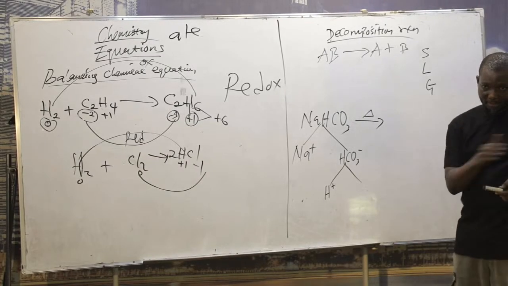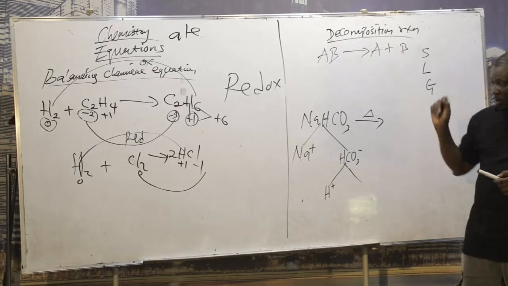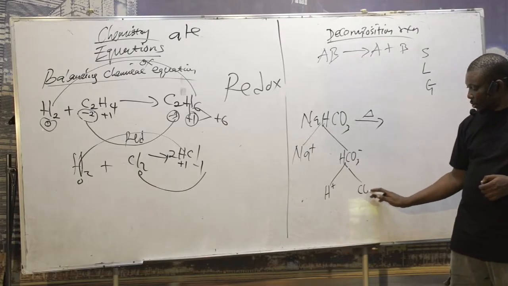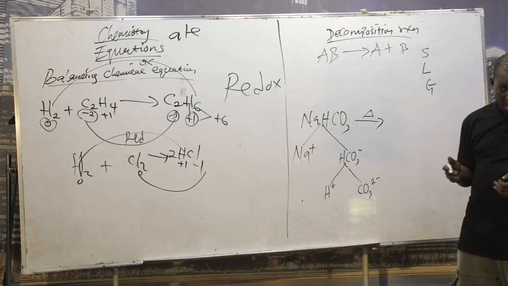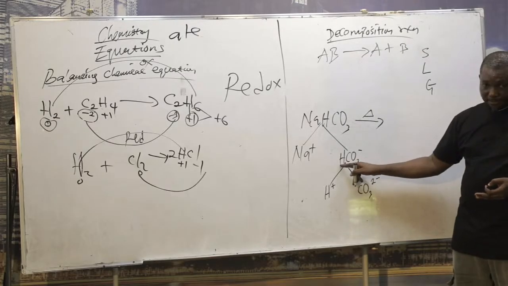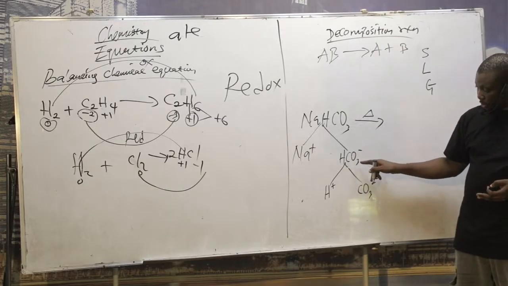If you step aside, this becomes CO3 2 minus. Let me tell you how the 2 comes. You know that H is plus 1, O is minus 2, and minus 2 times 3 is minus 6.